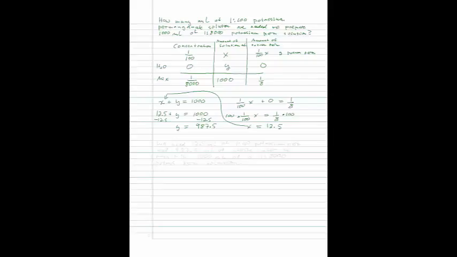So to answer this question, we need 12.5 milliliters of 1 to 100 potassium permanganate and 987.5 milliliters of sterile water to result in 1,000 milliliters of a 1 to 8,000 potassium permanganate solution.